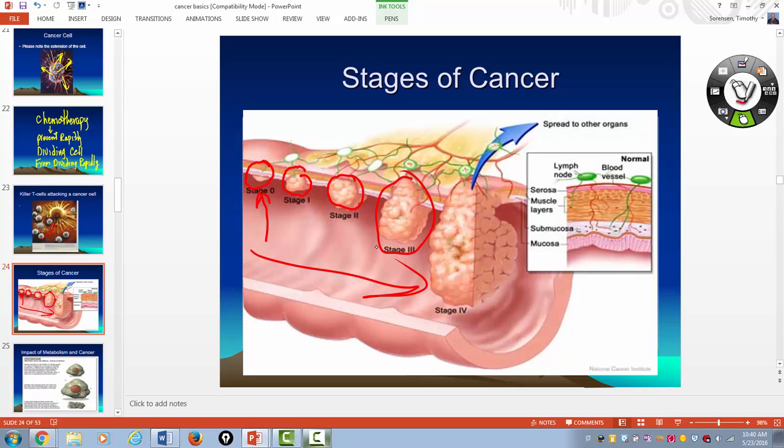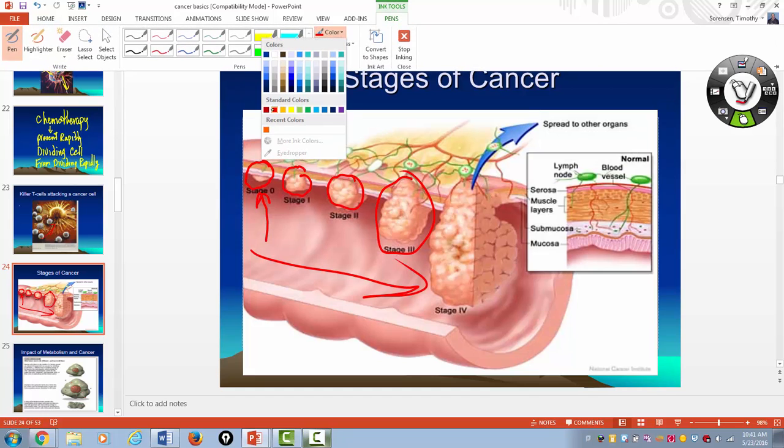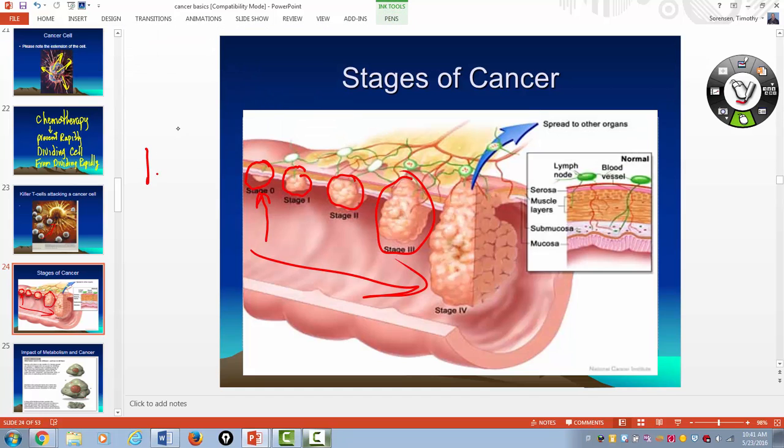Now, let's go over some of the signs and symptoms of cancer. An unexplained mass or lump.